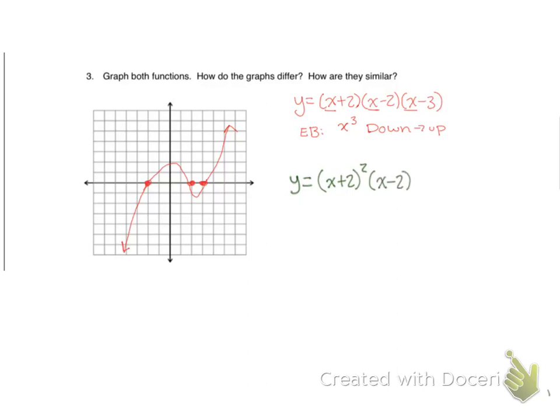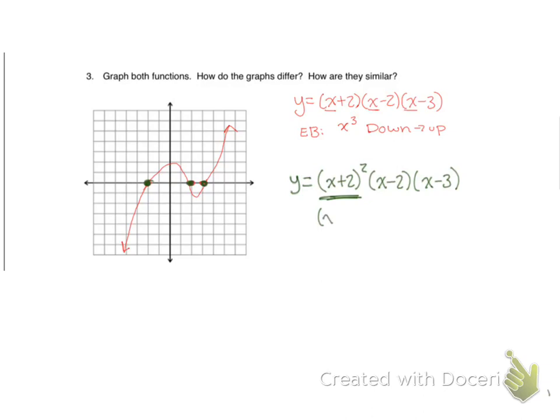X minus 2 and x minus 3. Okay, so this is where the multiplicity happens. It's at negative 2. Okay, so wait, did I have that first one graphed right? Okay. So you have the same zeros, but different end behaviors.